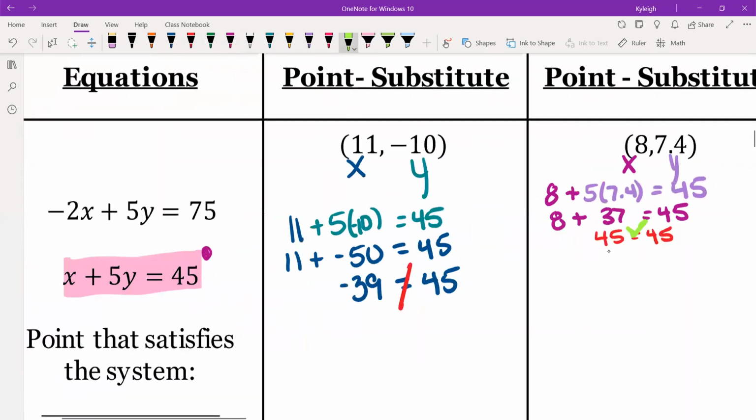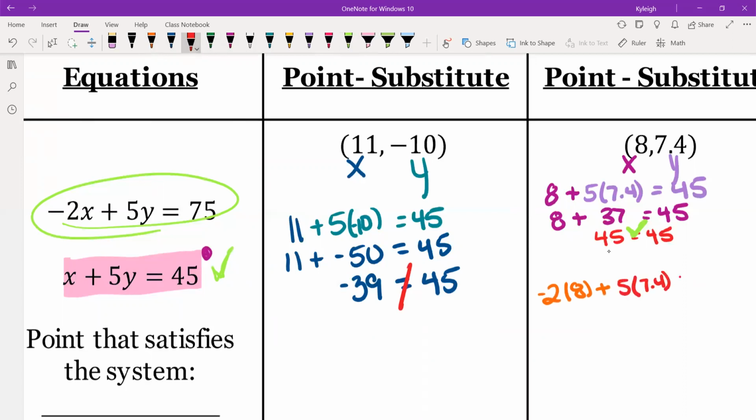So now we take it and we plug it into the other equation. Since they've met this one, now we have to try this one. Okay, let's do that. So we have -2 times 8 plus 5 times 7.4 equals 75. -2 times 8 is -16. We said 5 times 7.4 is 37.